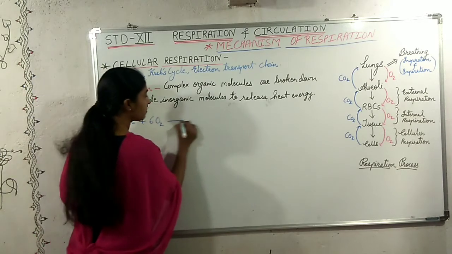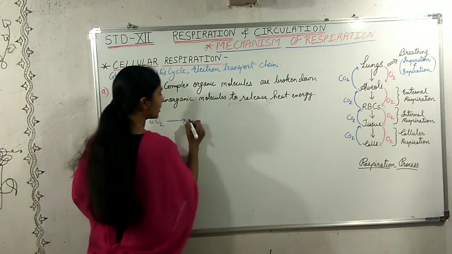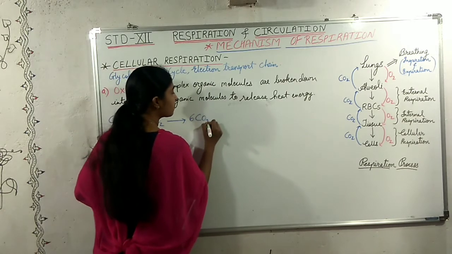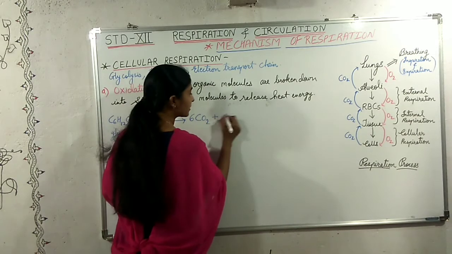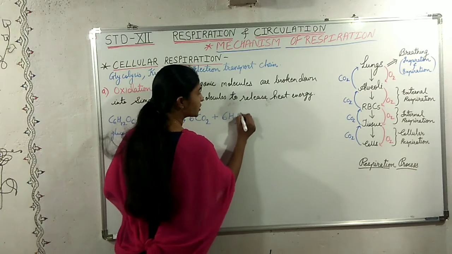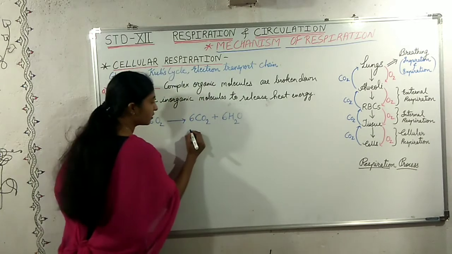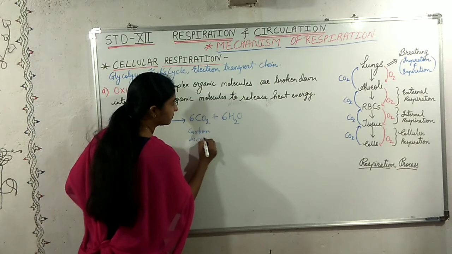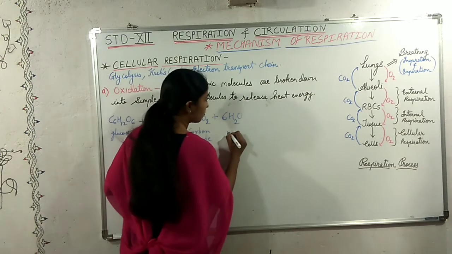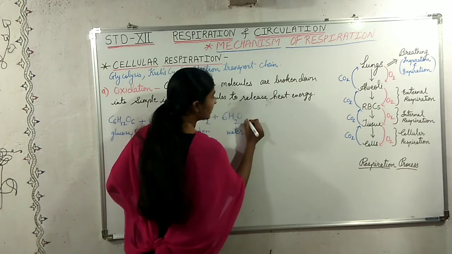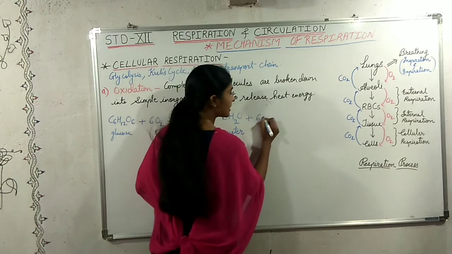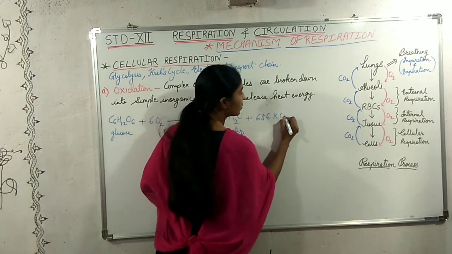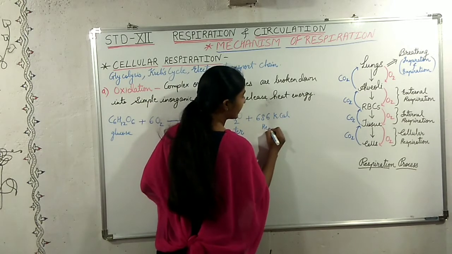So it combines with oxygen to give 6 molecules of carbon dioxide, 6 molecules of H2O, that is water, and 686 kilocalories of heat energy.